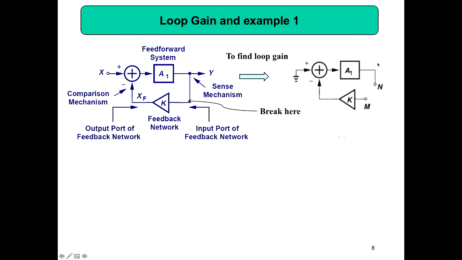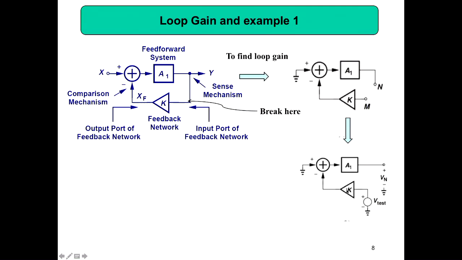For example, here I broke this point, then grounded the input, and connected a test voltage source, V test. Now when you have this as input, we take this as output, because when you break it, one side is input and the other is output. So what is the voltage here?